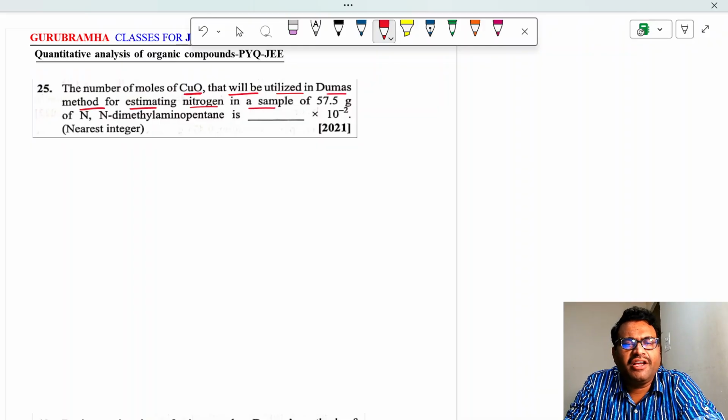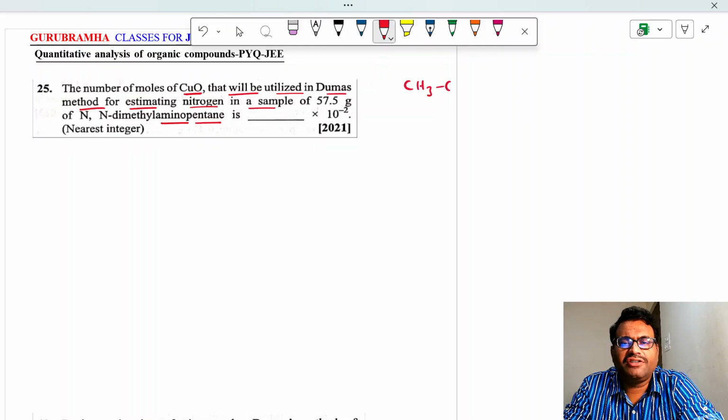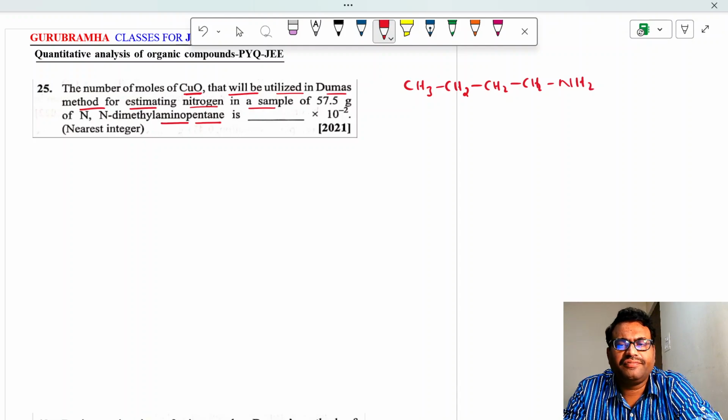So CH3, CH2, CH2, CH2, NH2. This is aminopentane.